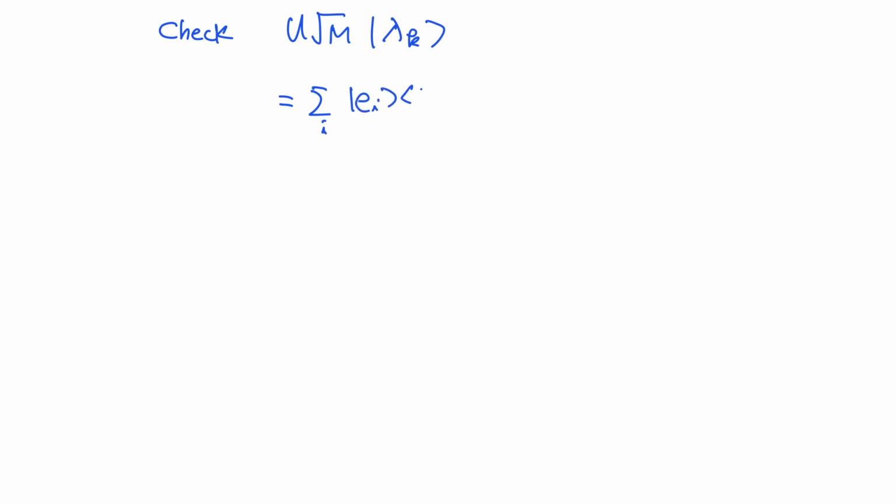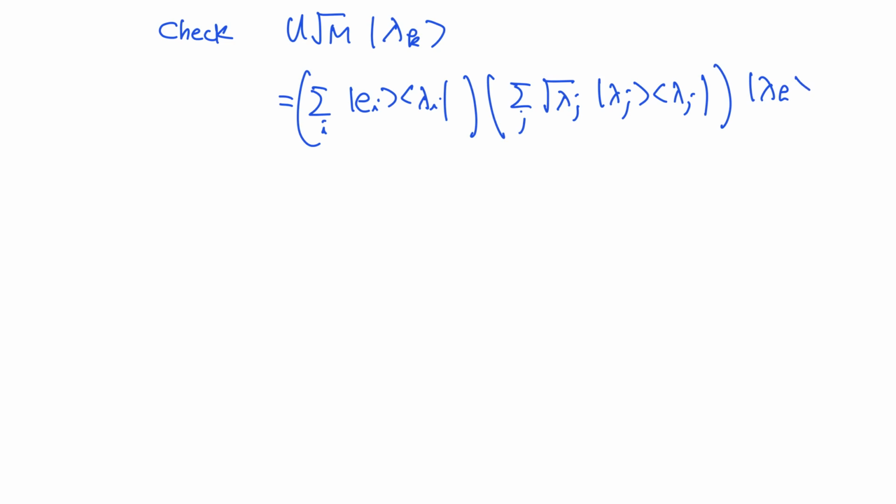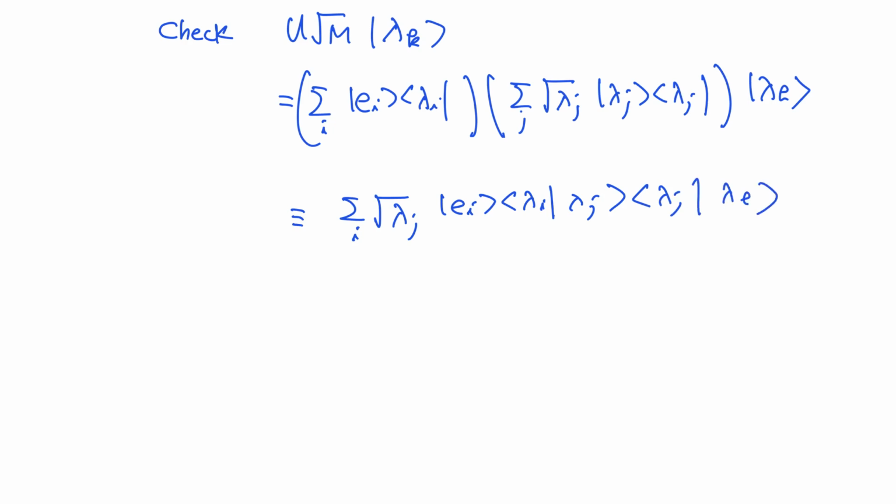Sum of e_i lambda_i... Square root of M is defined in the following way: sum of lambda_j, e_j, lambda_j, lambda_k.